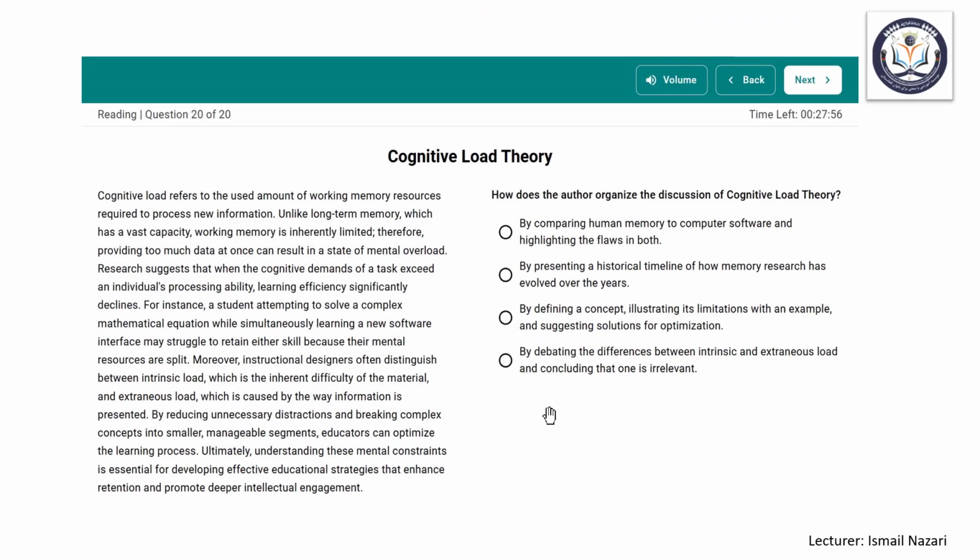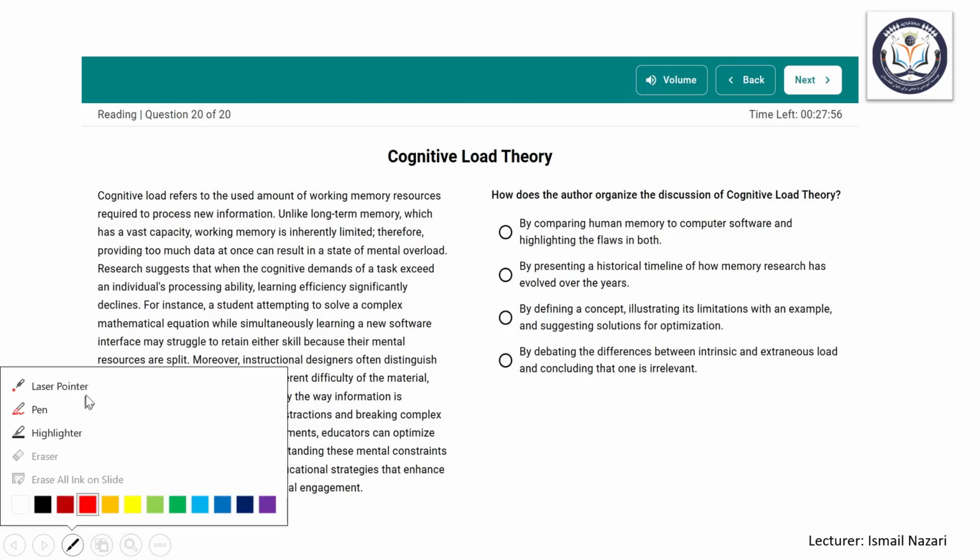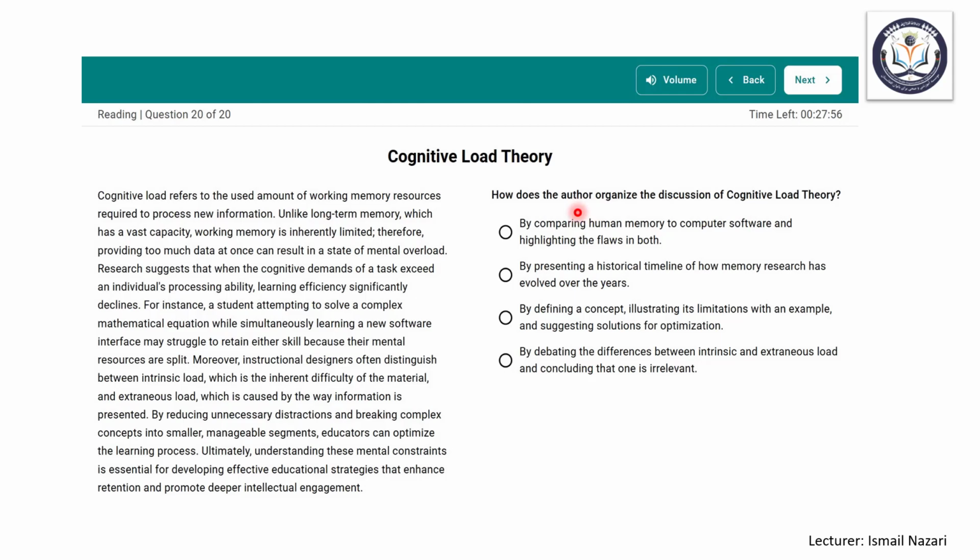Now, we have this topic, cognitive load theory. The question is asking, how does the author organize the discussion of cognitive load theory? So, which kind of information is asked? Here, it asks for the type of organization used inside the text.